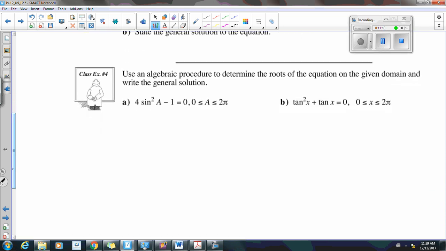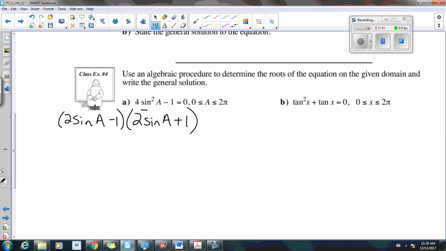Example 4. Use an algebraic procedure to determine the roots of the equation on the given domain and write the general solution. So 4 sine squared a minus 1 equals 0, and we were looking for answers between 0 and 2 pi. So this is a difference of squares. So our two factors are this.